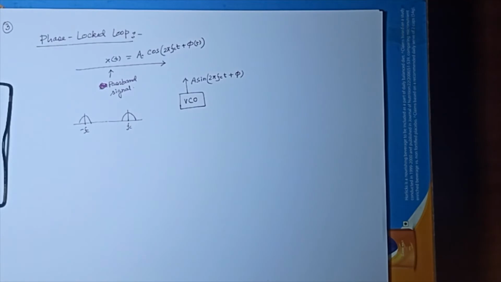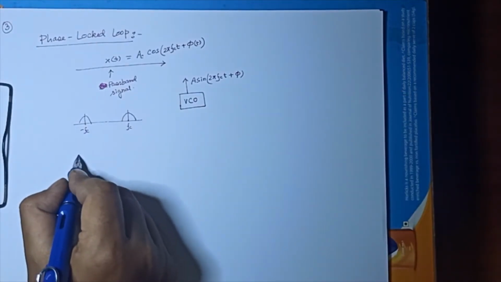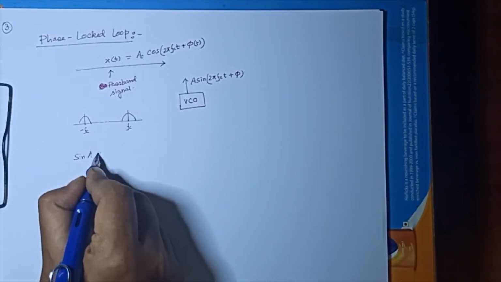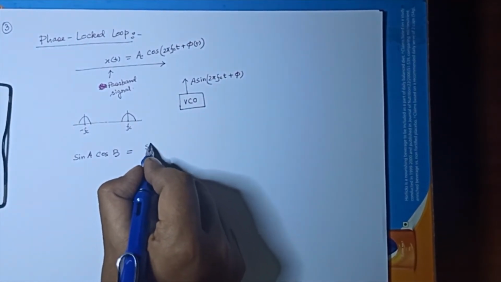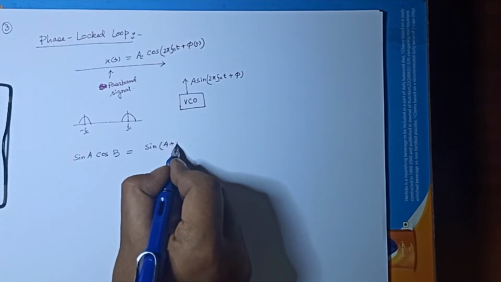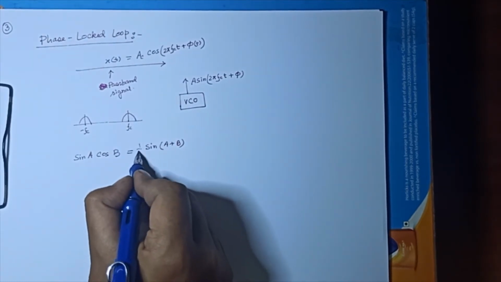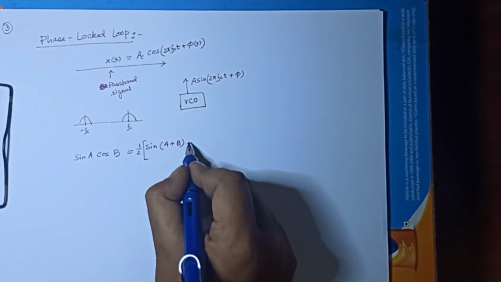This comes from the basic trigonometric identity: sin A cos B is equal to half of sin(A+B) plus sin(A-B).